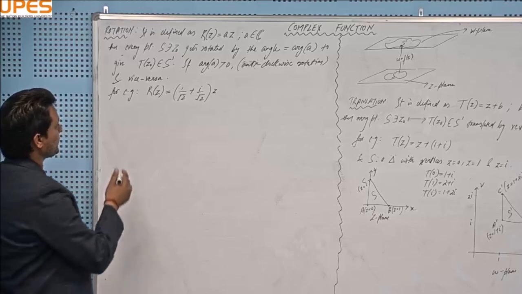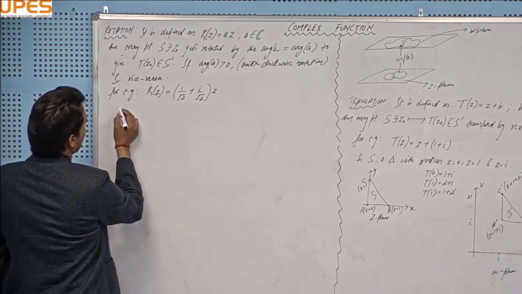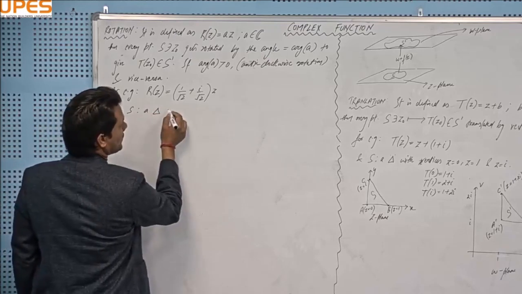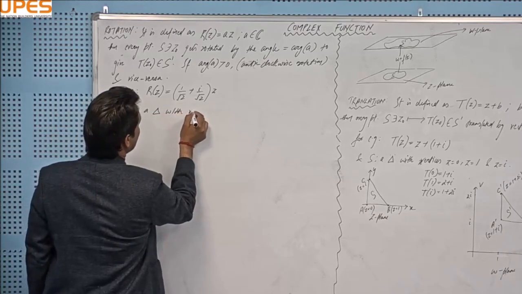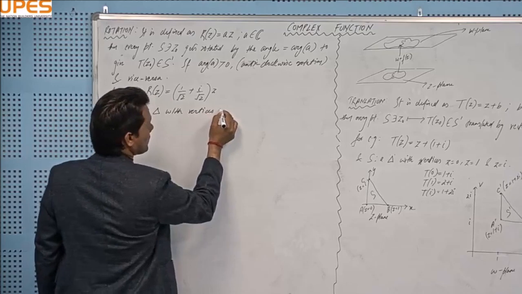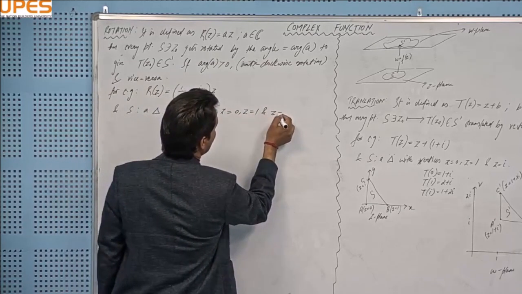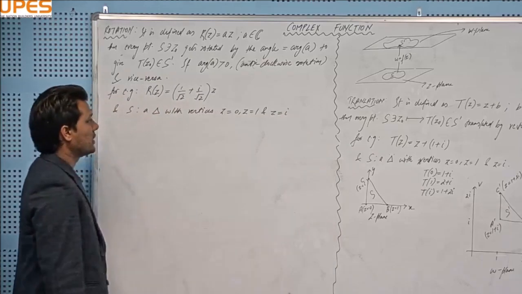And yes, S is the same. S is a triangle with vertices z equal to 0, z equal to 1, and z equal to iota, fine.